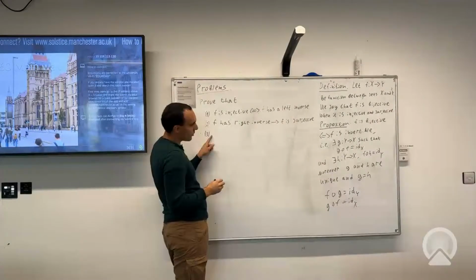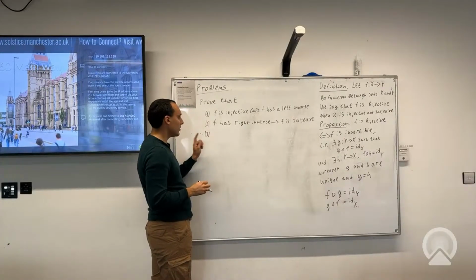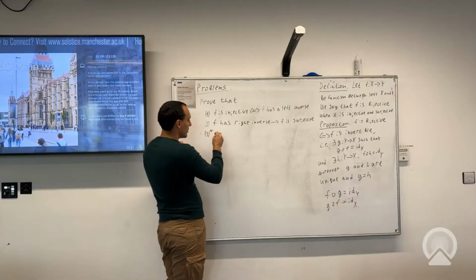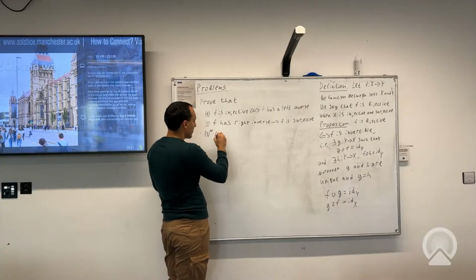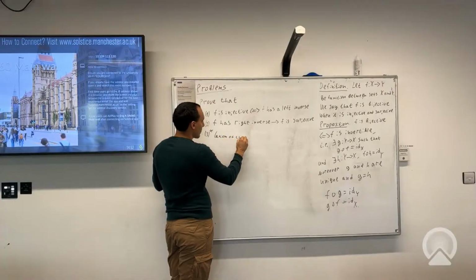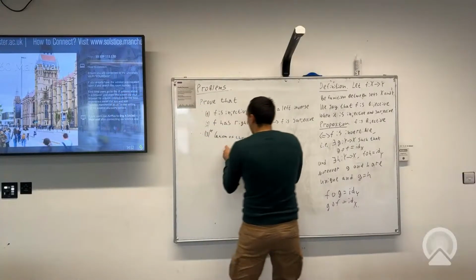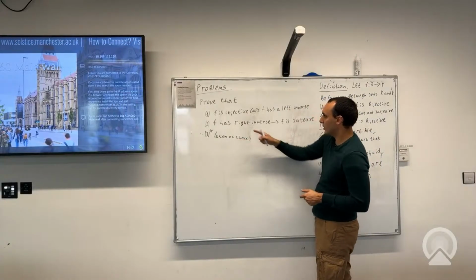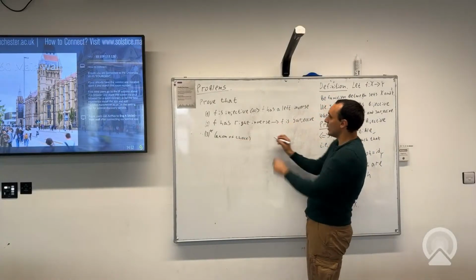For this third one, do it only if you are interested, because it requires the axiom of choice. The proof is simple, but it uses some very strong argument. So it's the opposite direction.